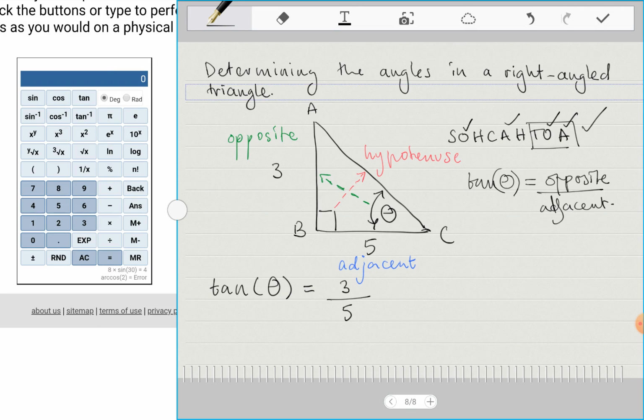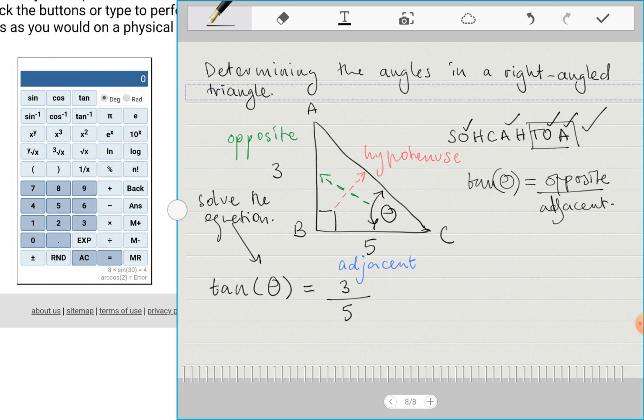Now, when it comes to solving this equation, we're at a point where we need to solve it, because this is an equation. How do we solve this? We need to understand inverse trig functions. If we think about inverse trig functions, we have our tangent.